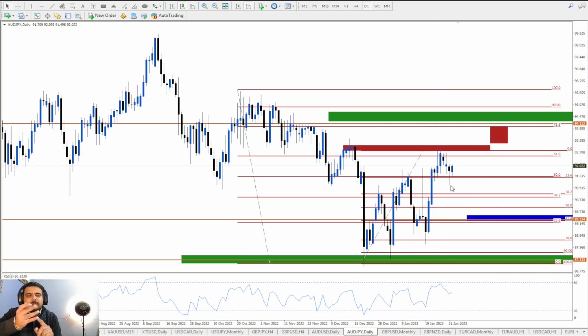Two things I know. The first one is it reverses from 61.8% retracement, a respect of structure. The second thing is it is 61.8% retracement, and the third thing is it's at double top on the daily. Now here comes in what? The time. Now I have to see how much time it took.